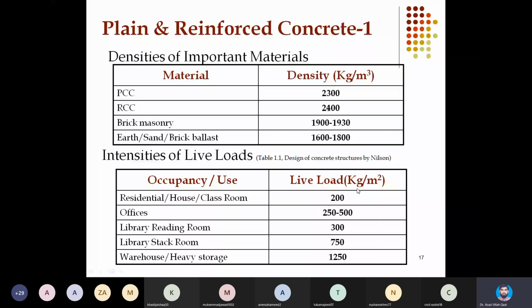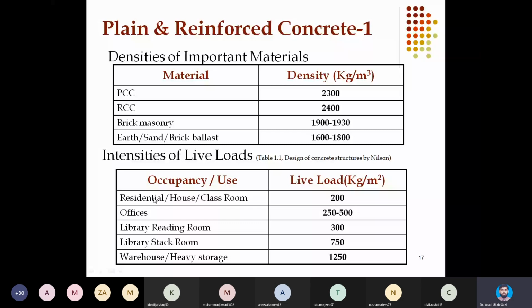So important occupancy loads: offices, library, reading rooms, stack rooms, warehouses. You will find that the trend of live load is increasing downward, because in warehouses, godowns there is heavy storage, so the proposed live load intensity is bigger as compared to ordinary residential apartments, houses.